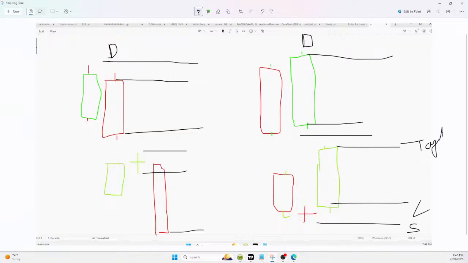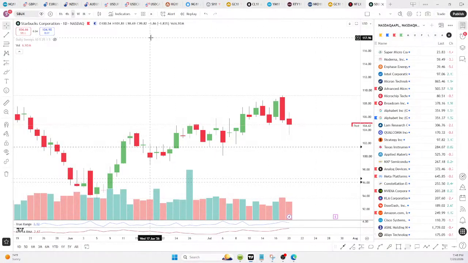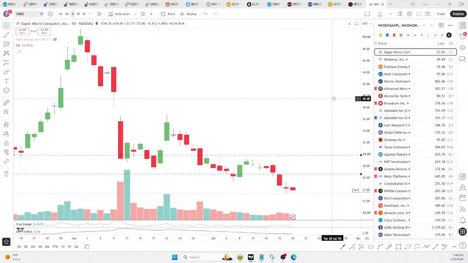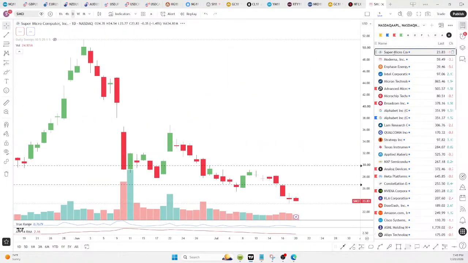Now let us go through the live examples. So these are all the NASDAQ 100 stocks that I have, and you can go through each; you will find a few easily in a week. Right now, what I'm going to do is show you a structure that has already worked.